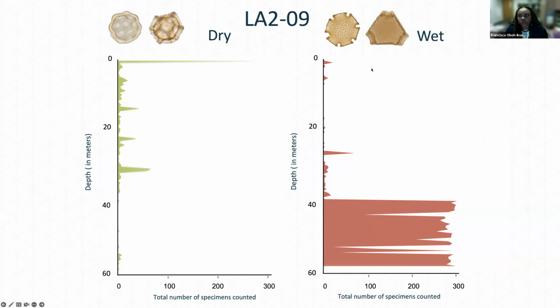We found a few, but those with wet affinity dominated where we had coal and shale, 40 meters and below. Some of the ones we found here, we think got here because of caving during drilling. These were reworked because most of what we saw here was Botryococcus, and we'll see examples later.